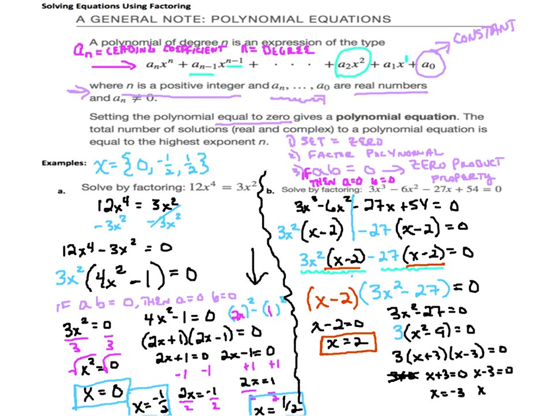So here x is negative 3. Here, x is 3. So I have 3 solutions again. And Josh, I see you're typing something, so I'm just going to box these in and write my solution set while you're finishing up. X equals the set 2, negative 3, and 3.